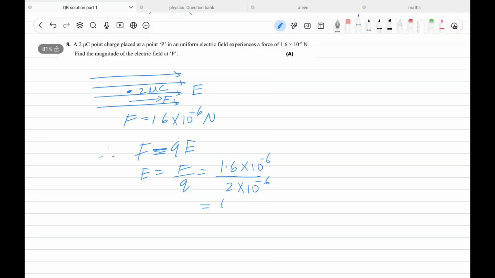Now 1.6 becomes 16 into 10 to the power minus 7, divided by 2 into 10 to the power minus 6. 2 eights are 16. So 8 into 10 to the power 7 minus 6, which becomes minus 1, and it becomes 0.8 Newton per coulomb. It is the electric field, Newton per coulomb.